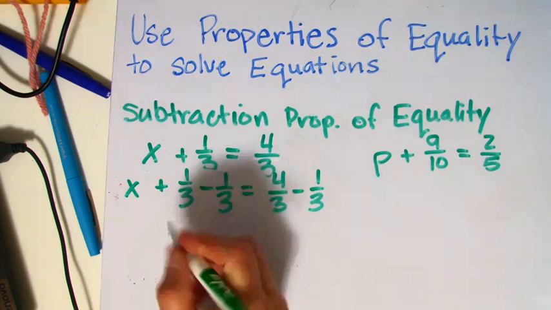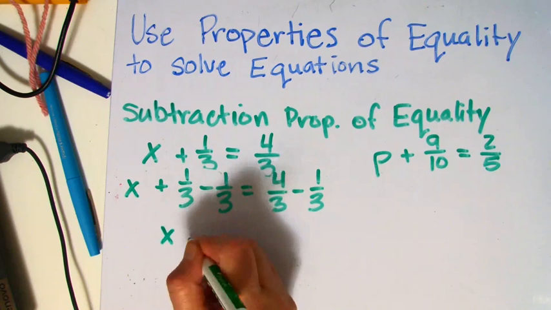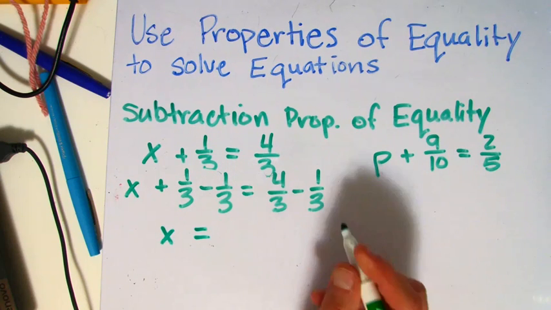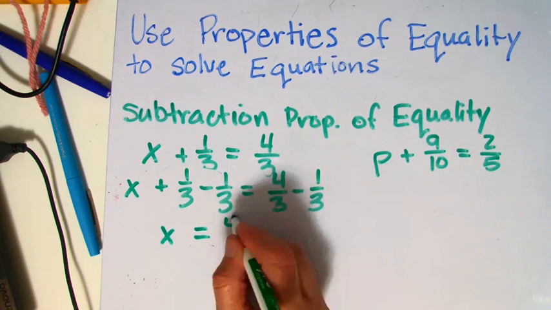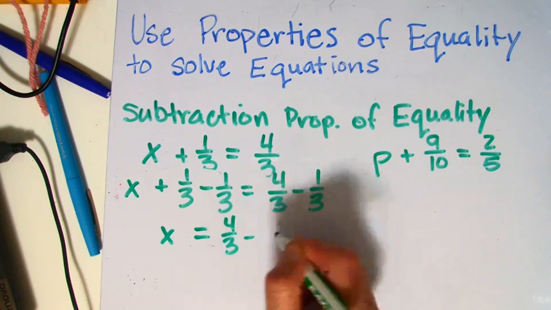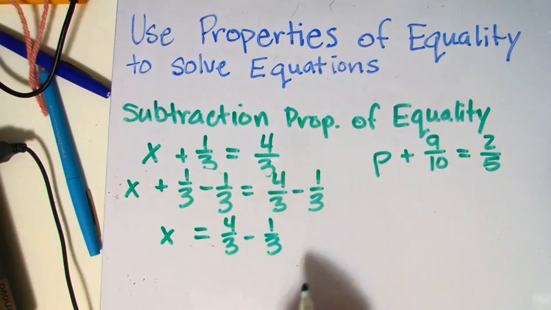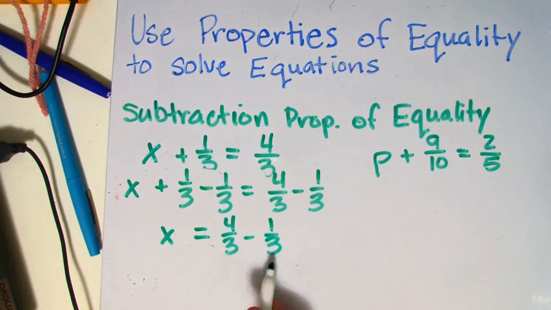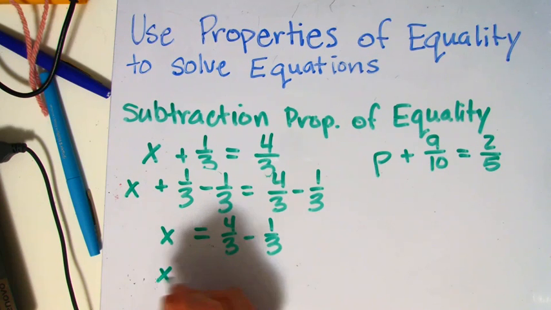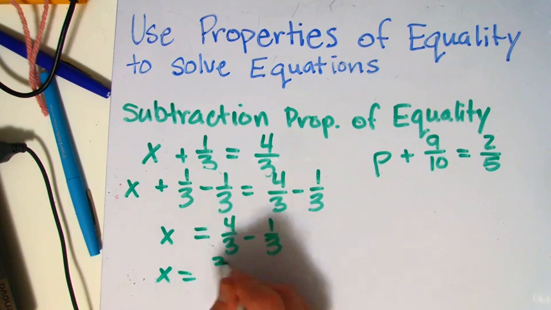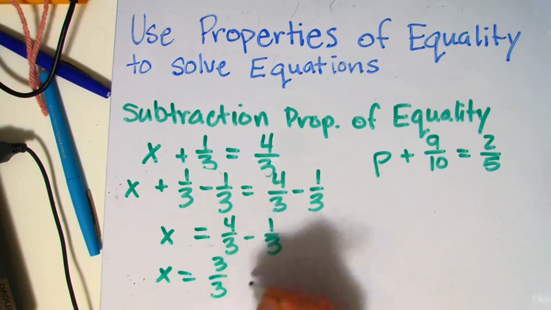So now we can simplify. X equals 4/3 minus 1/3. Because our denominators are the same, we can subtract and we get x equals 3/3. Or you can convert that to 1.